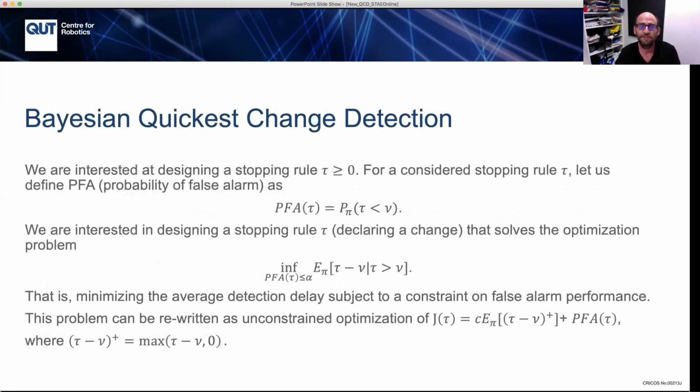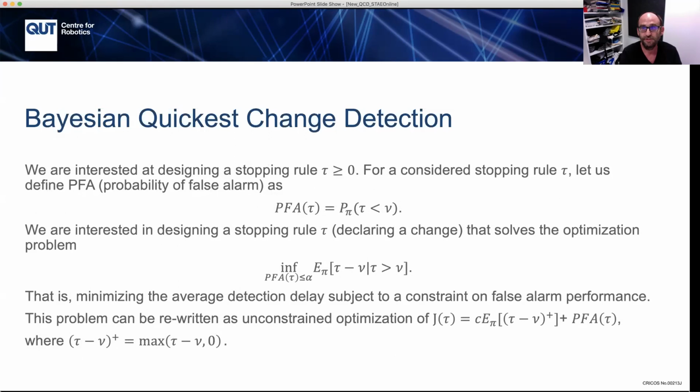Okay, so now what's our criteria for our problem? We're interested in designing a stopping rule. In the Bayesian quickest change detection problem, we're interested in the probability of false alarm, and we define it this way, where tau is the stopping rule and nu is the change event.